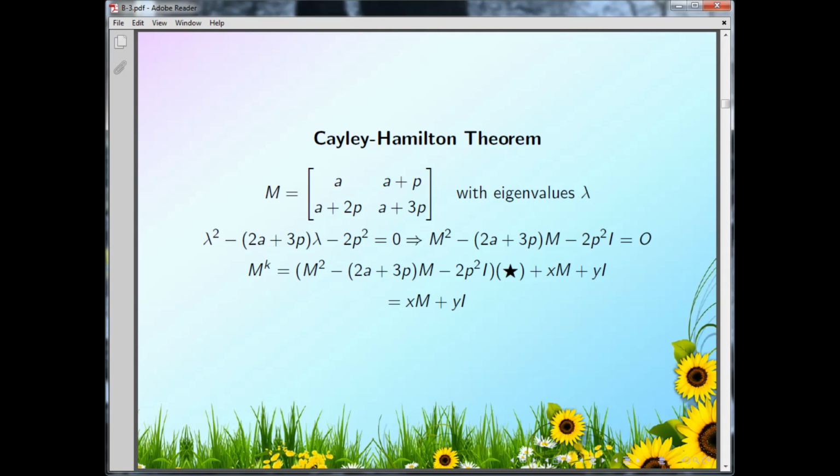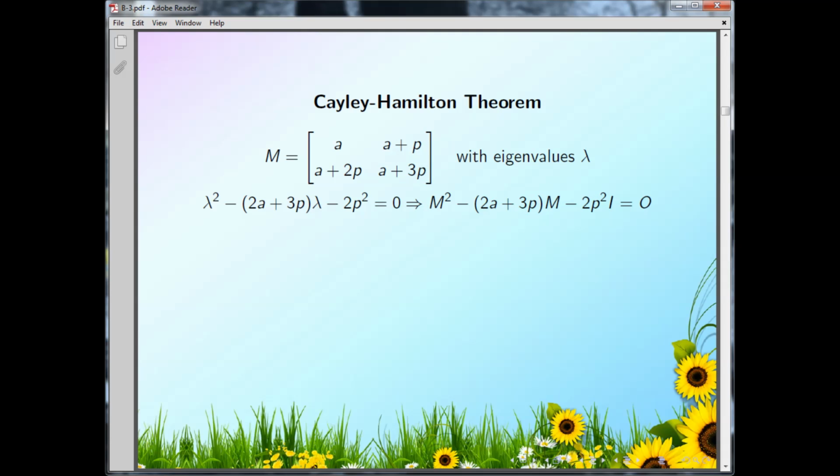So M to the k can be reduced down to that shape. Actually dividing is a lot of work, but I think it's somewhat better than actually multiplying the matrix k times. So here I summarize it again, and I'd like to show you an example.